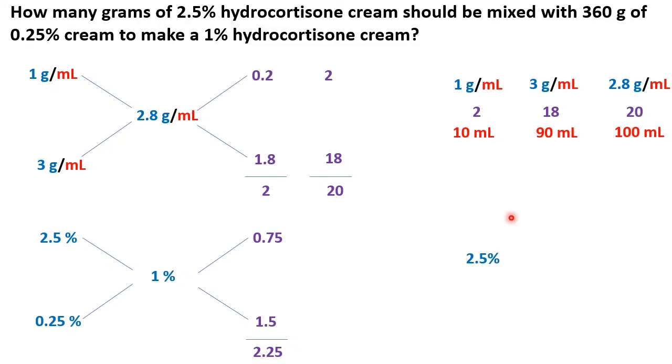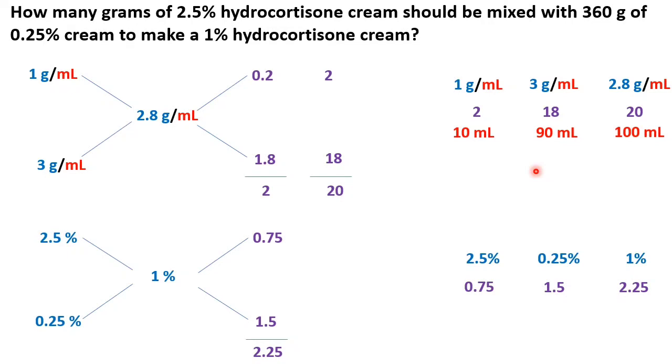So we apply again what we did before. We have 2.5% hydrocortisone cream and 0.25% hydrocortisone cream, and the resultant would be 1%. We need 0.75 parts of this cream and 1.5 parts of this cream, and the total is 2.25 parts.